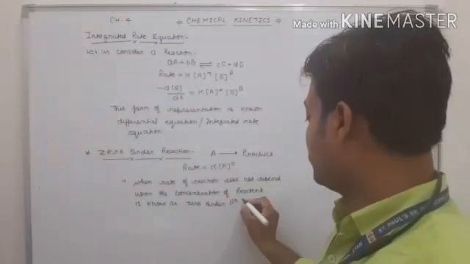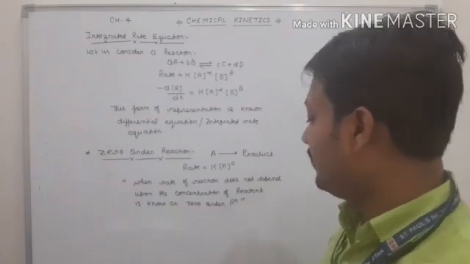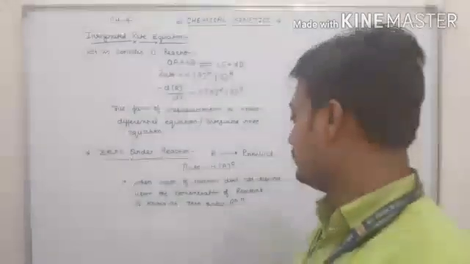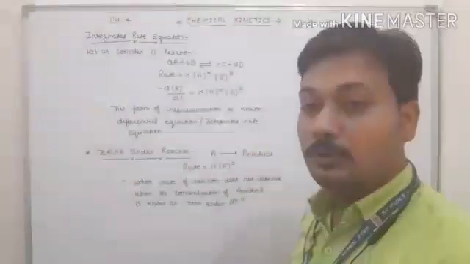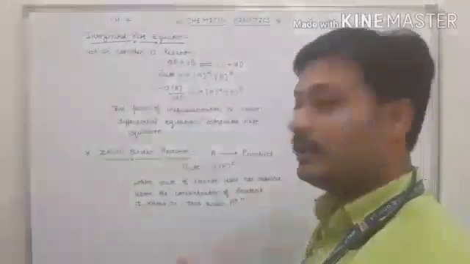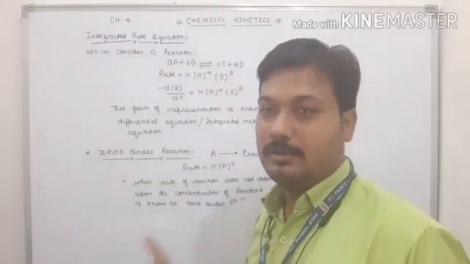Where rate of reaction does not depend upon the concentration of reactant, because here A to the power 0 is equal to 1. So it is known as the zero order reaction.